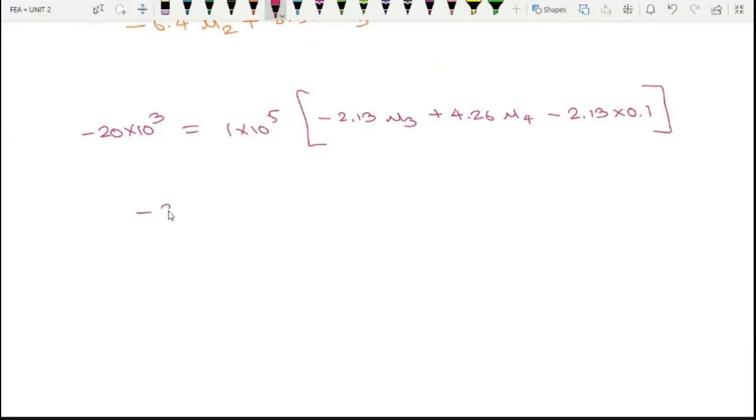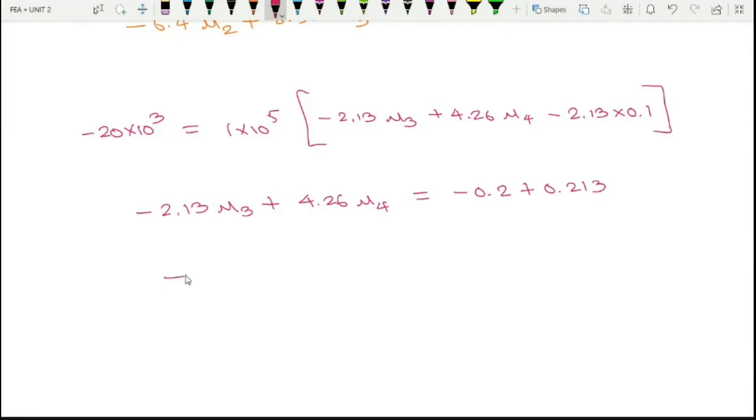Minus 2.13 u3 plus 4.26 u4 is equal to, so this is 0.213. So this is 0.2, right? So minus 0.2 plus 0.213, this is what I will get. So when you bring it on the other side and divide, you'll be getting like this.